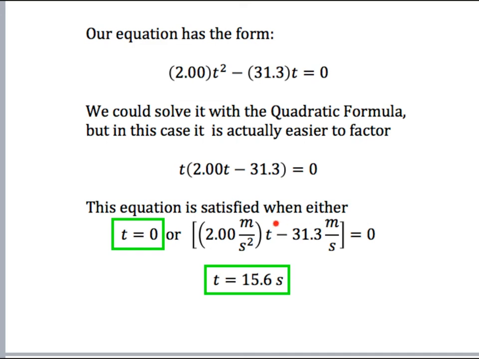If I set the stuff in brackets equal to 0, I get that the time is 15.6 seconds, and that is the time when the cop and the motorist have the same position. And so also t equals 0 is a time when the cop and the motorist have the same position. There were 2 times when they are at the same position, and these are those 2 times: when it started and when they get caught.